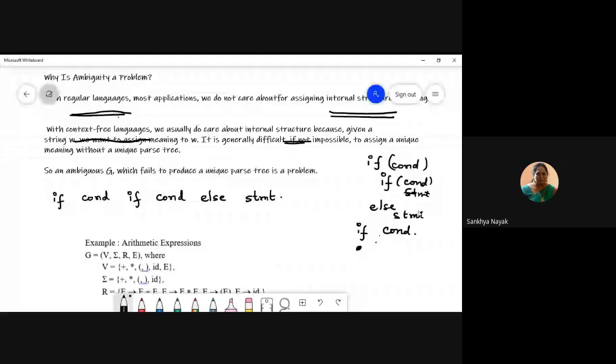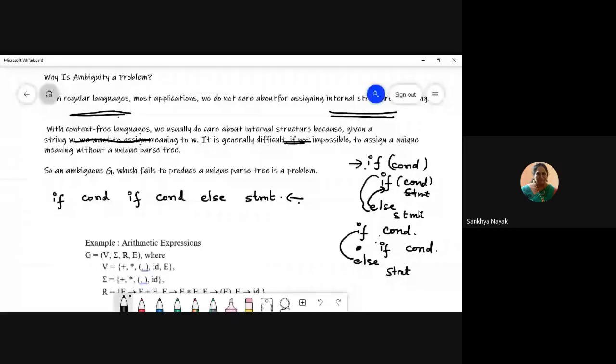There is an if condition without else, but the else is associated with this. So by looking at this, I cannot tell whether you have a nested if else within the main if, or inside the if you have one more if and this else belongs to it. Structuring is important.